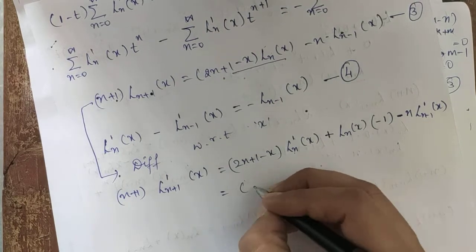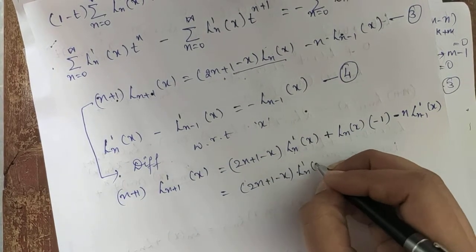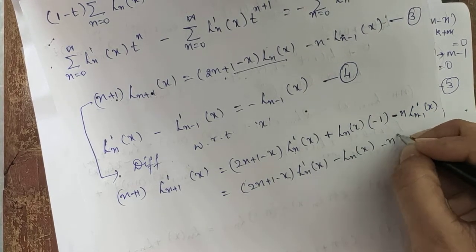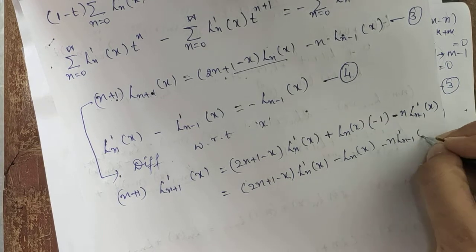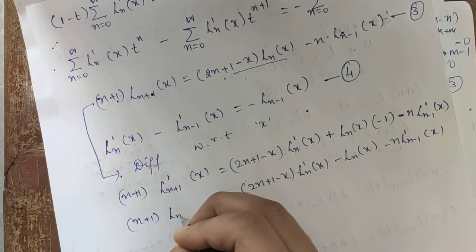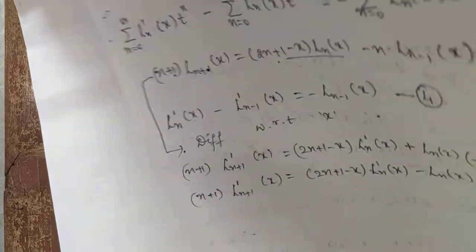So this is nothing but (2n + 1 − x) Ln'(x) − Ln(x) − n L(n−1)'(x) = (n + 1) L(n+1)'(x). Okay.